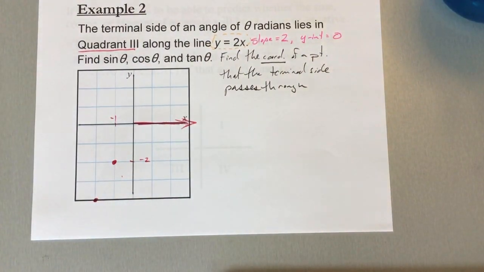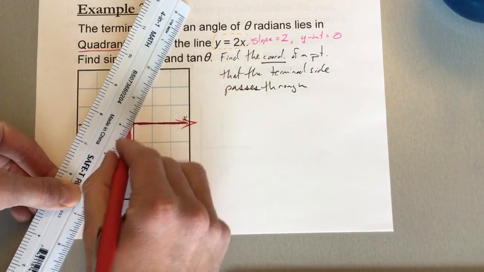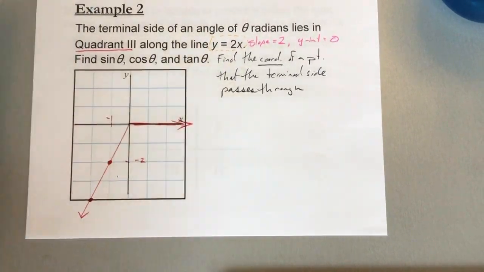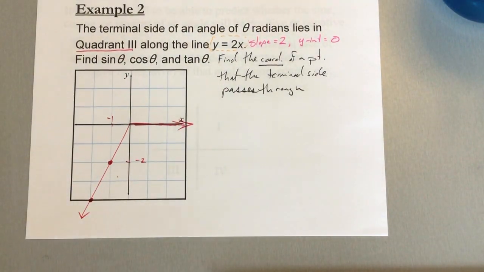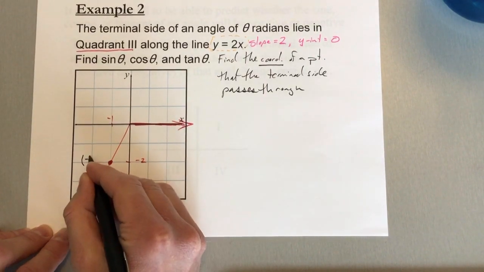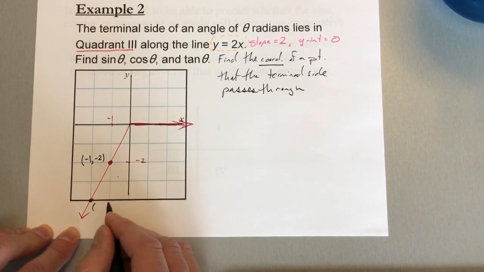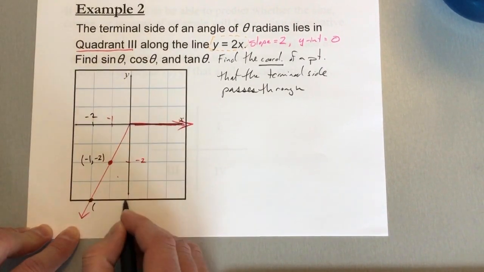Those coordinates help me to represent where the terminal side of this angle lies. It's right there. And it's also provided me with not just one, but two x, y coordinates that the terminal side of this angle passes through.